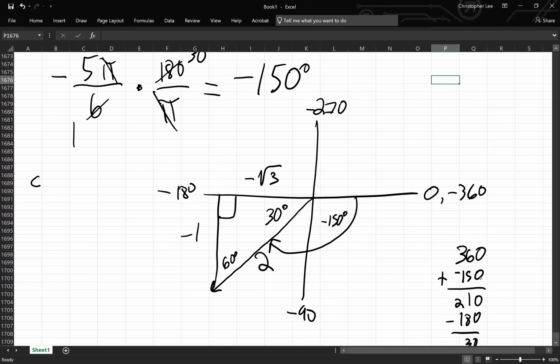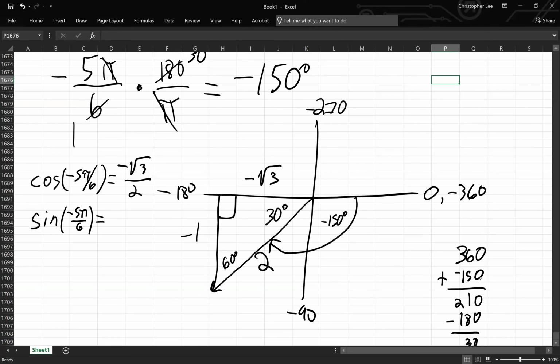So let's do cosine. Cosine of negative 5 pi over 6, right? Cosine is what? Adjacent over hypotenuse. This is negative square root 3 over the hypotenuse 2, right? Done, right? Sine. Sine of negative 5 pi over 6. Sine is what again?